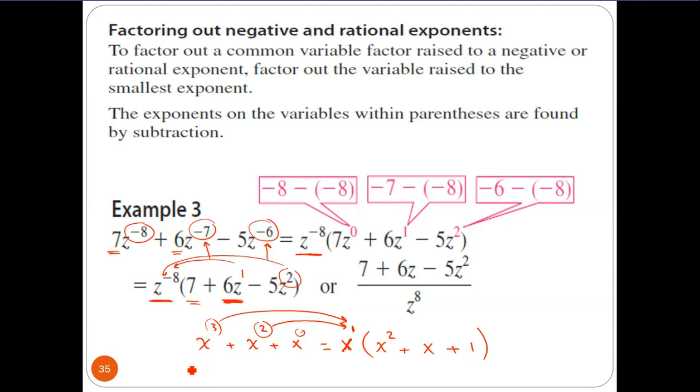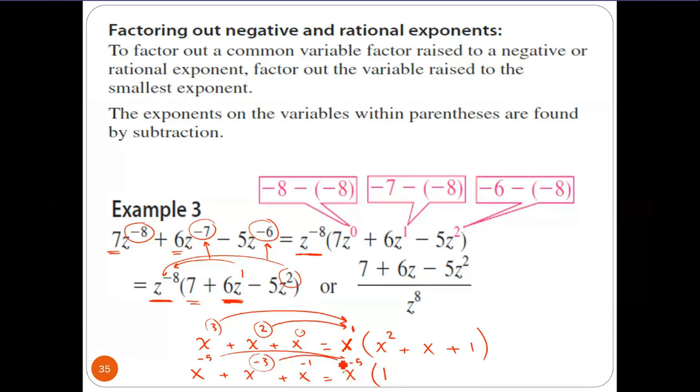فلو أخذنا نيجاتيف مثلا مثال آخر x to the power negative 5 plus x to the power negative 3 plus x to the power negative 1. بدنا ناخذ common factor. We must take common factor negative 5 اللي هو least exponent أقل أس. Now negative 5 minus negative 5, x to the power 0 وبالتالي 1.